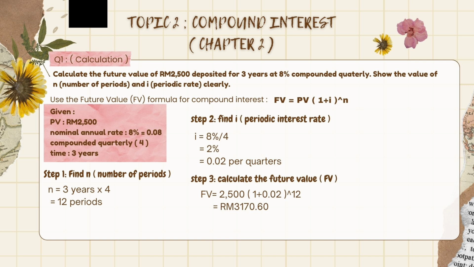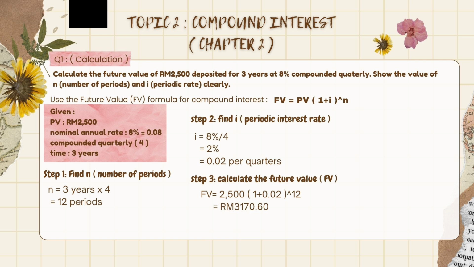I will explain topic 2, compound interest, in chapter 2. For question number 1, first we need to identify what's given in the question. The given PV equals RM 2500, the nominal annual rate equals 8%, it is compounded quarterly, and the given time is 3 years.